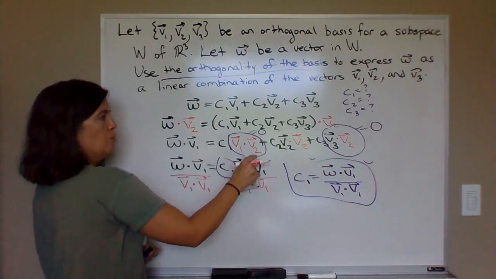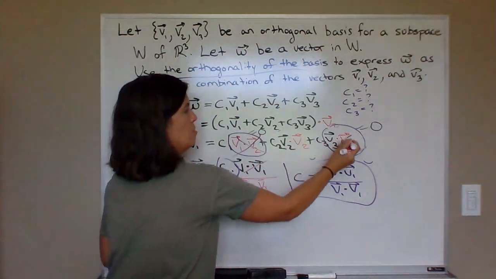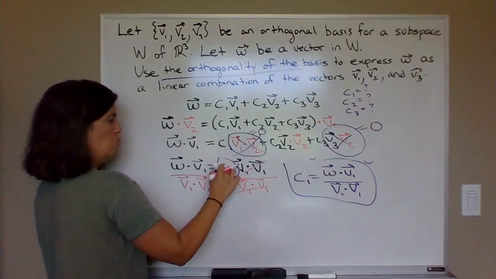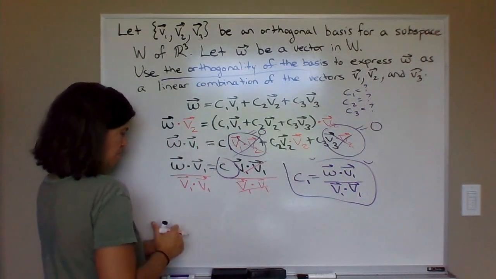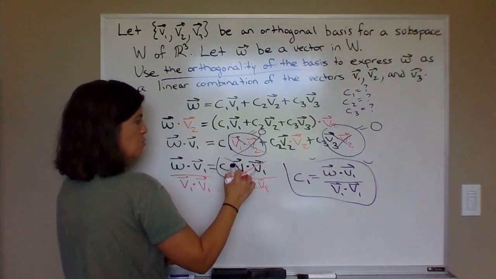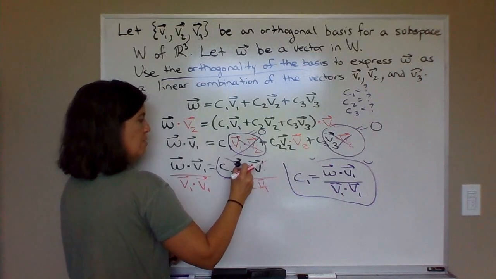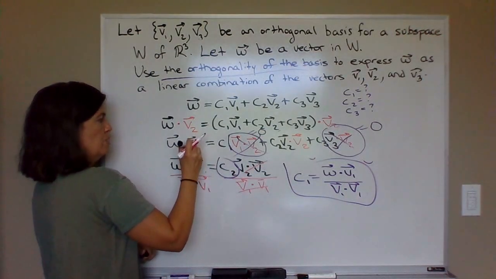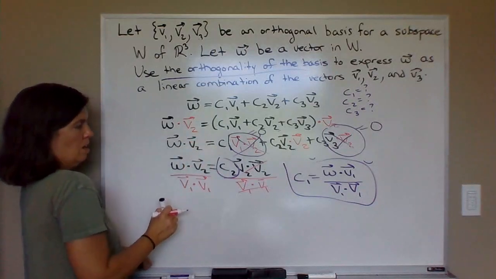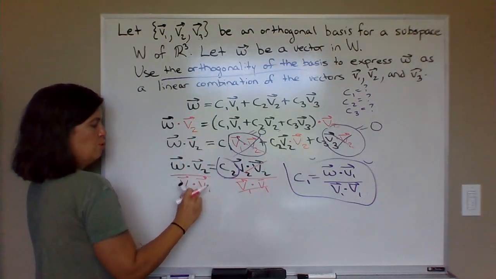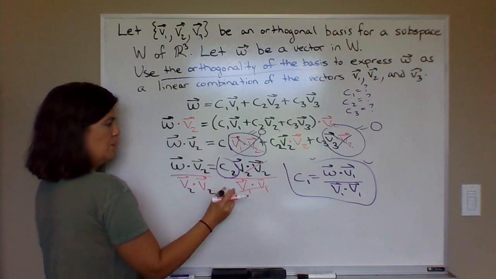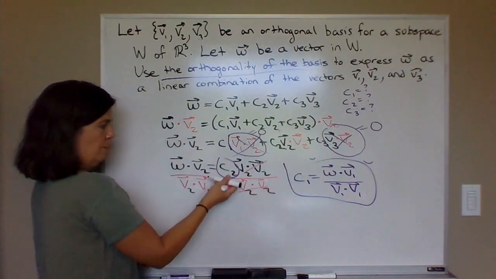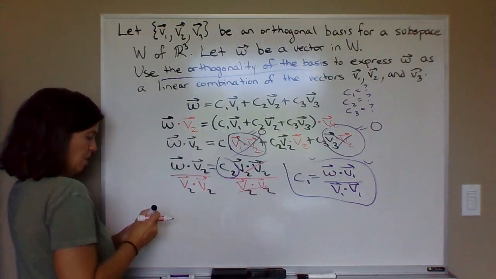So now this is 0, this is 0, and we could solve for C2. If you divide by V2 dot V2, you're going to solve for C2.